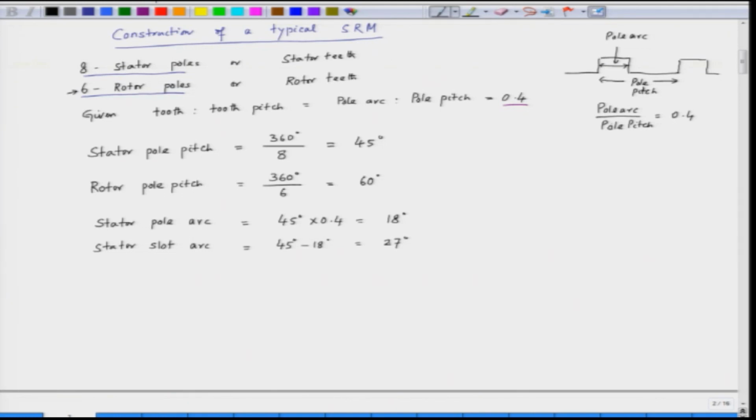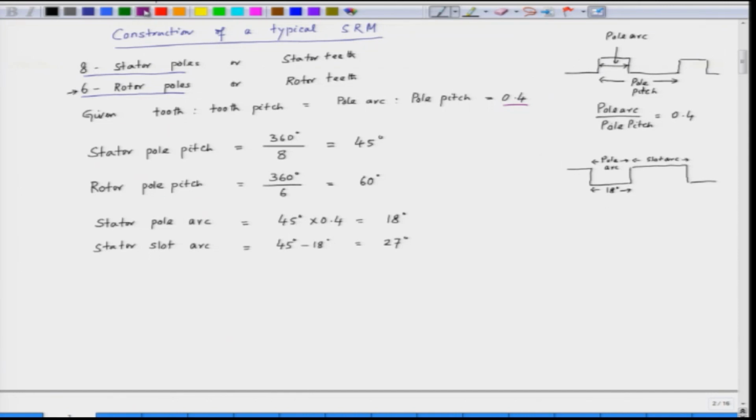So, what we mean by this, if we have the stator and the rotor, the stator pole arc is like this. This is the stator. So, this angle is 18 degrees. This is the pole arc, and this is the slot arc, and the rotor is here. This is the stator side.